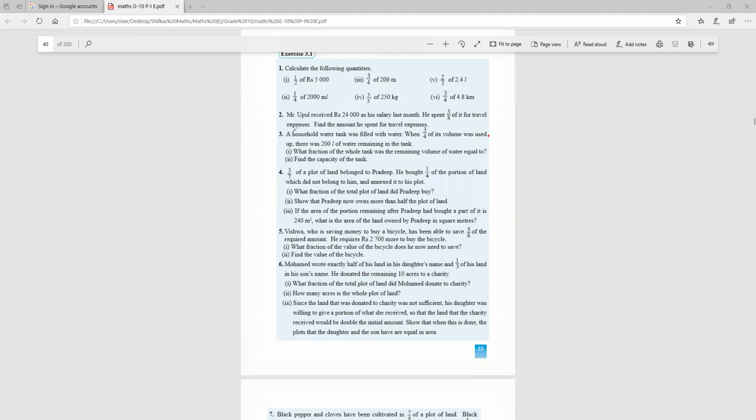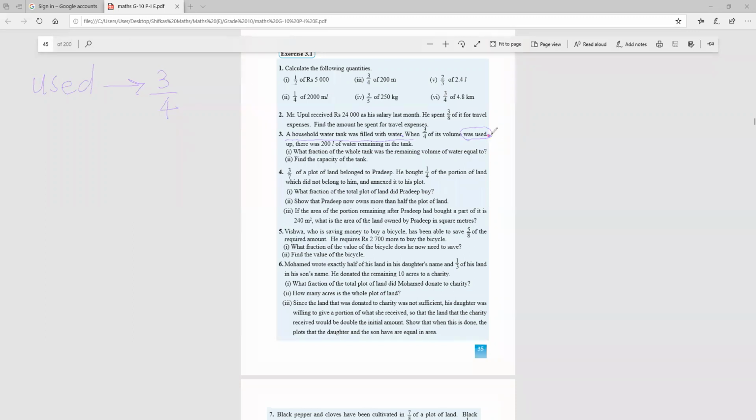Okay, a household water tank was filled with water. Full stop is there. When 3/4 of its volume was used. What portion is used? Is it completely used? No. 3/4 is used. After using, I didn't read.